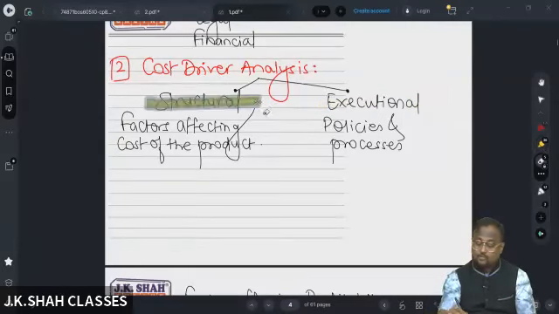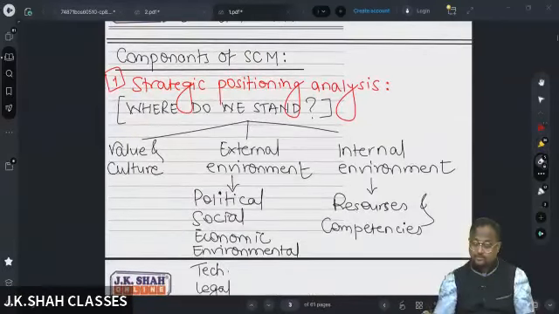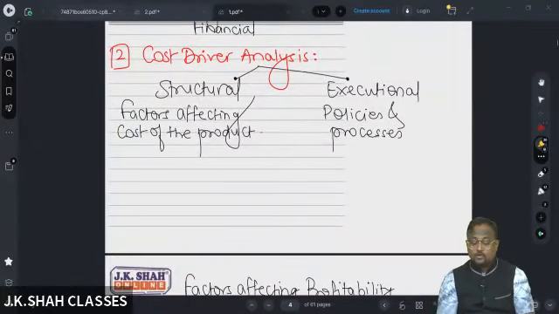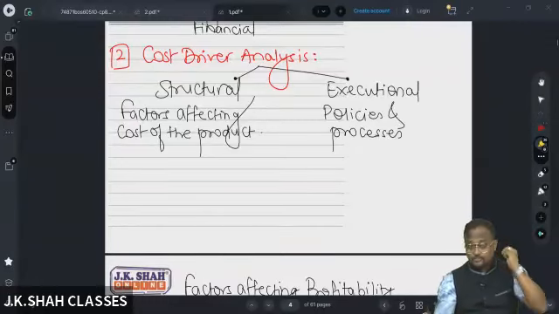Structural drivers are focusing on the factors affecting the products, and executional drivers are those which are an outcome of policies and procedures.